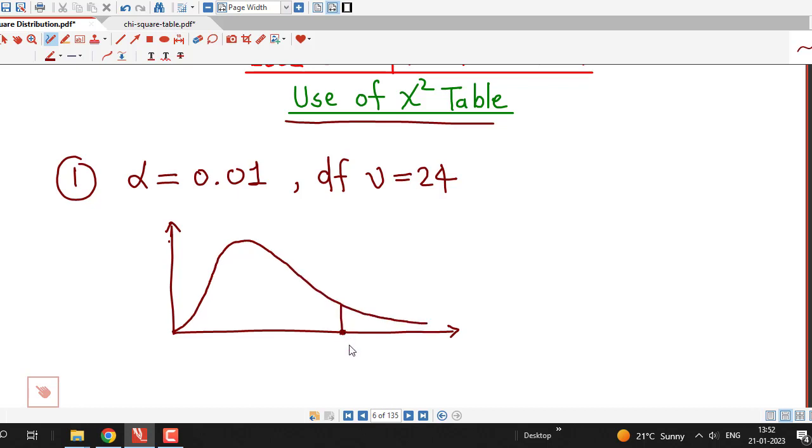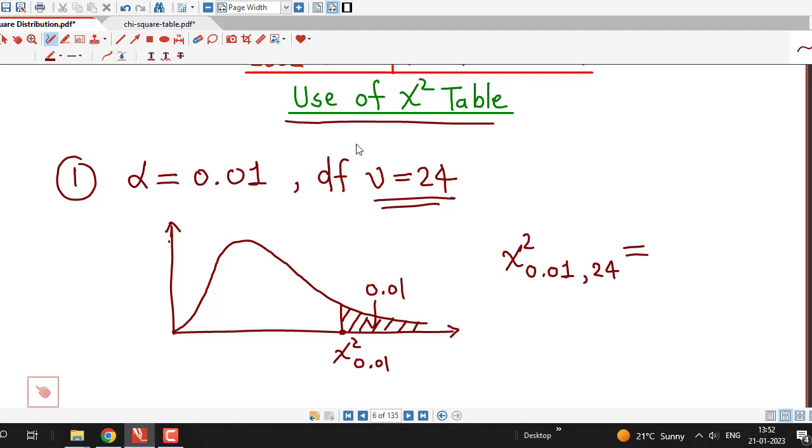Because alpha is 0.01, this area is 0.01, and I am interested in the chi-square critical value for alpha equal to 0.01 and degrees of freedom 24.